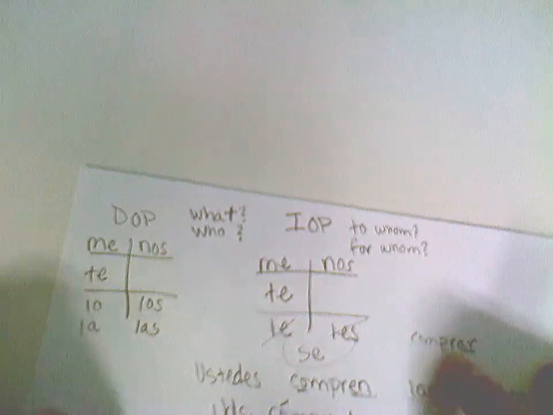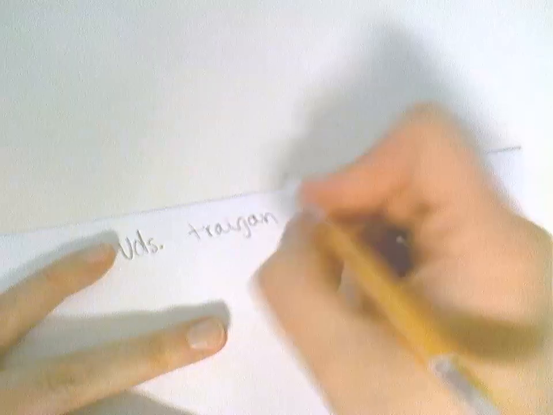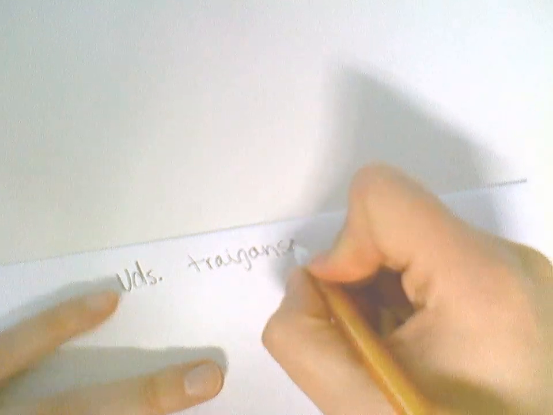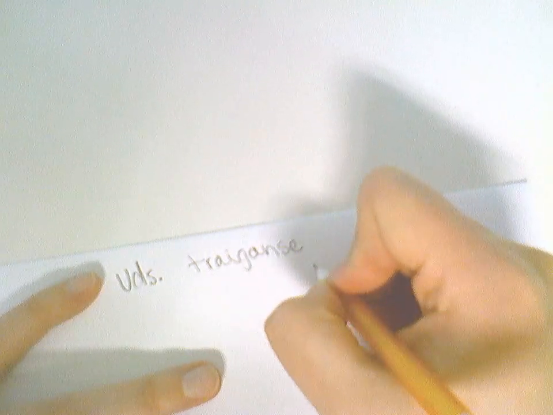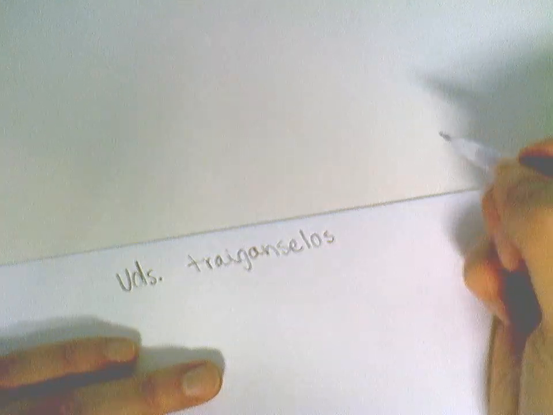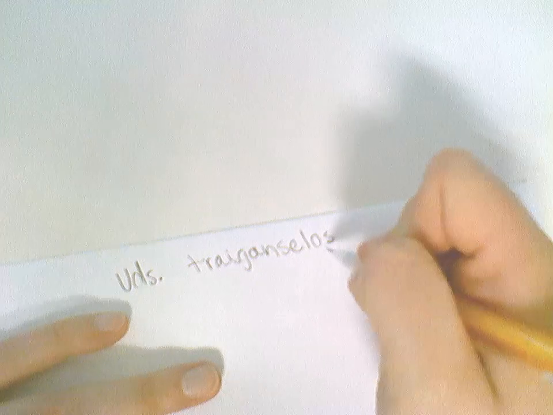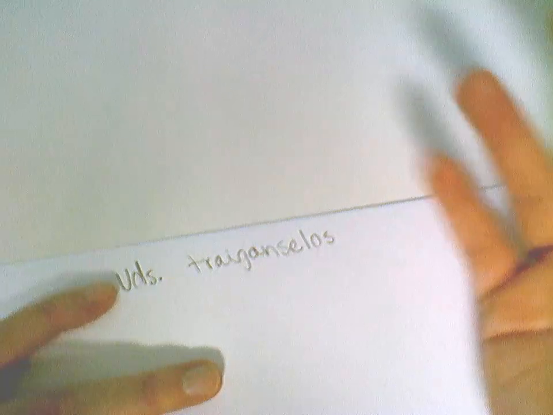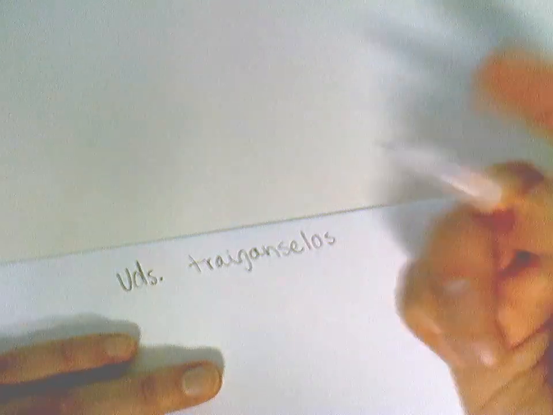So I'm going to say traigan se, and then the shoes are represented by our direct object pronoun los. Tráiganselos. Okay, again, we added two extra syllables. We have to tell people that you still gotta stress the original one.